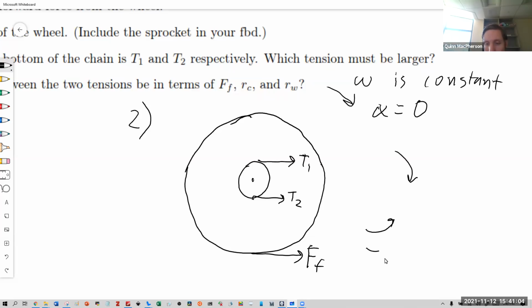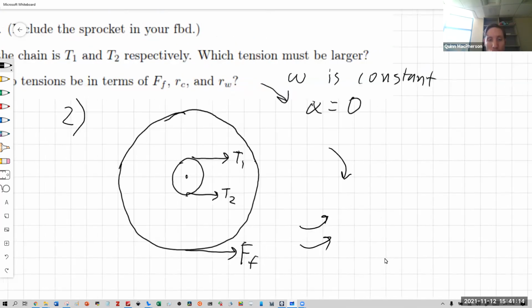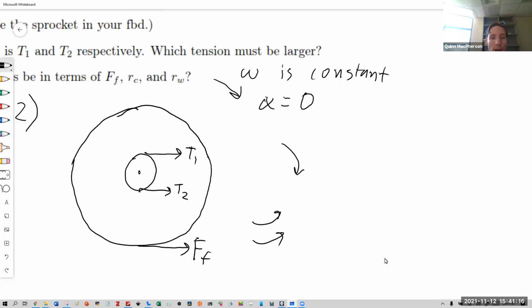T2 and force friction try to spin it that way. It's going to spin at a constant speed. So the torque created by T1 has to cancel out the torques created by T2 and friction. So T1 must be bigger than T2. It has to balance out those other two.